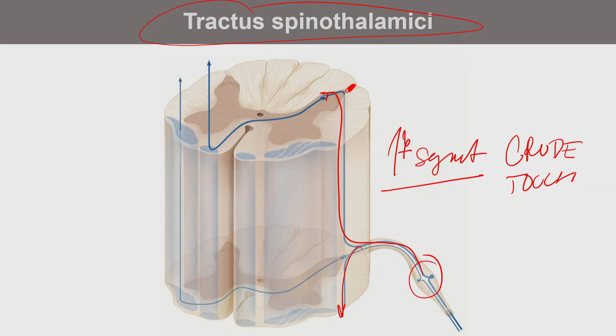What is crude touch? Fine touch is when I take a pen, I can write. I can feel that there is some button. This is fine. The crude touch is a touch for tension. Typically, if you walk, the sensation about the body weight and also the surface of the floor.